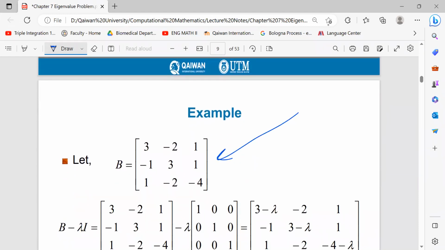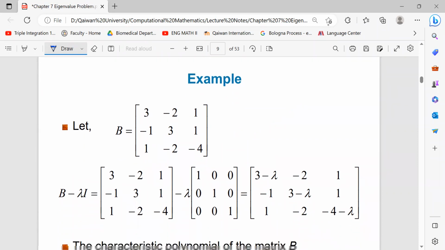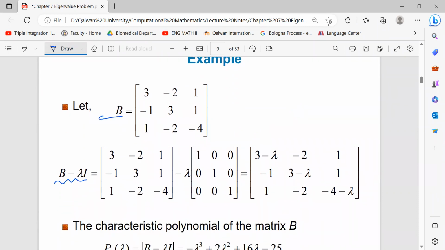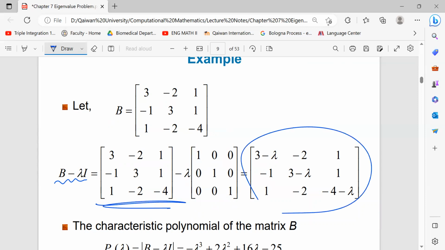And for this one, it's the same. We say B minus lambda I, where this matrix B is a 3 by 3 matrix. So we need to take a 3 by 3 identity matrix. B minus lambda I: we just multiply the identity by lambda and subtract it from matrix B, and we get this.